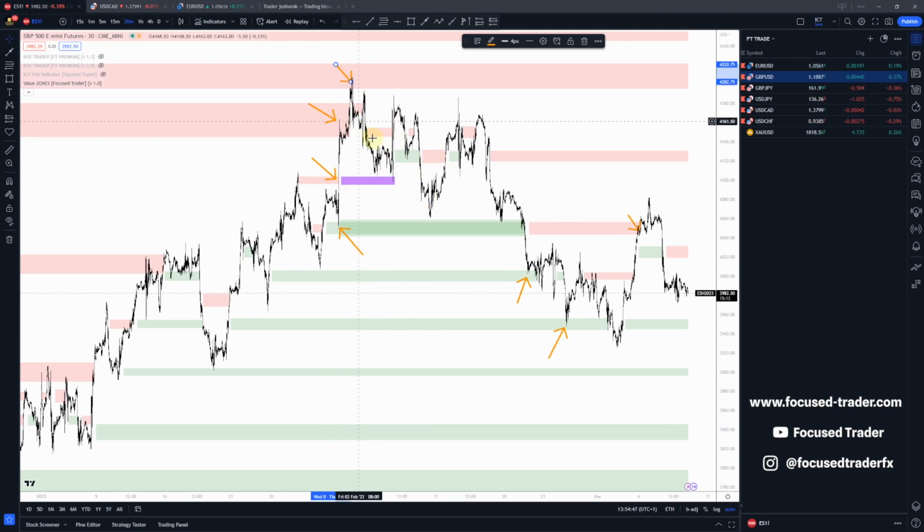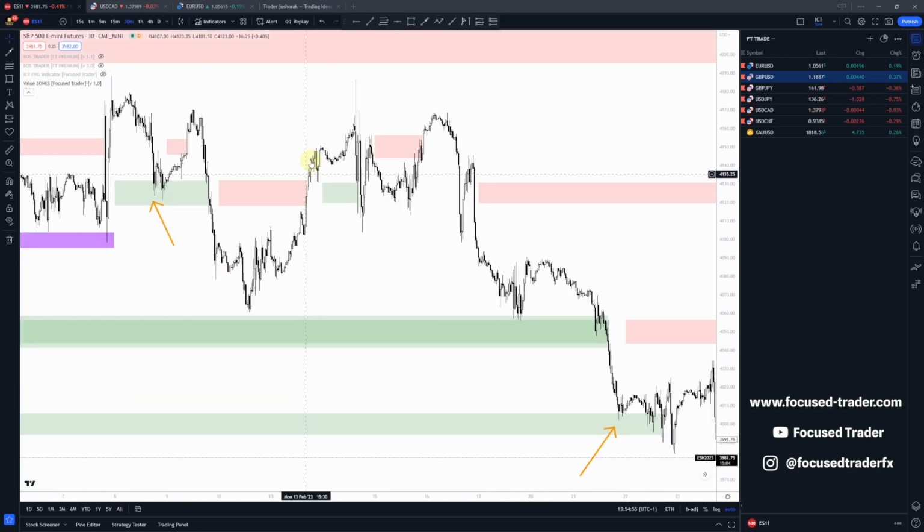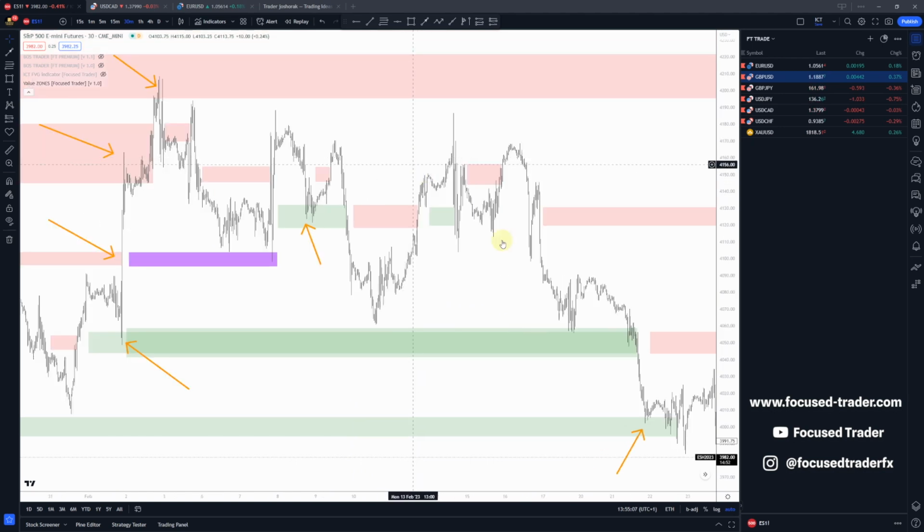Sometimes when they go to consolidation, you see that these zones don't have any reaction. Here is a very nice reaction, here is no reaction. But after the market goes above, it retests here and makes a perfect reaction there. There is also some reaction here, but it was through some macroeconomic event perhaps. And here is also a very nice small reaction there.